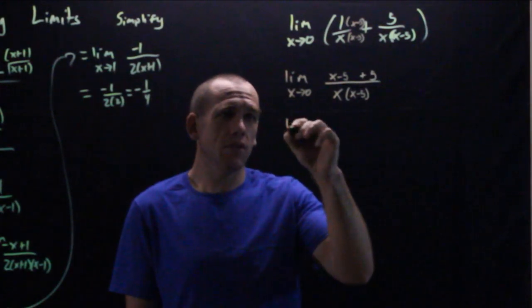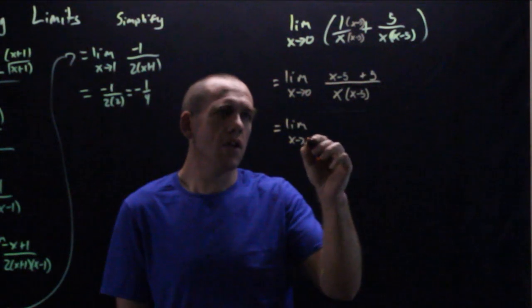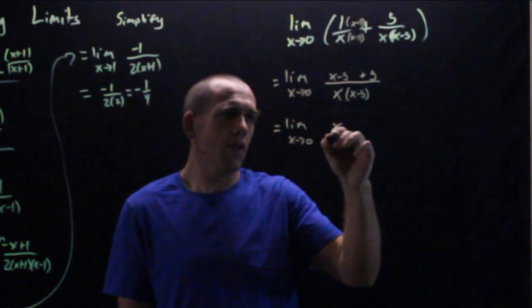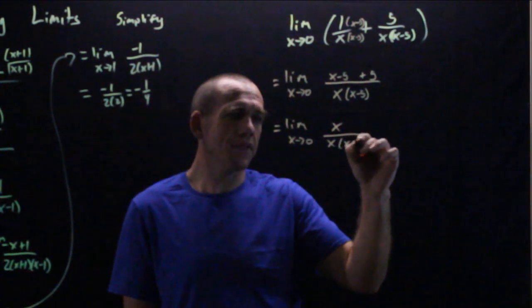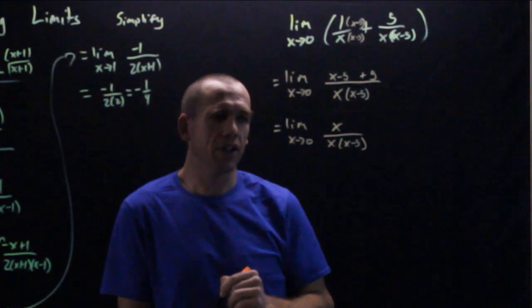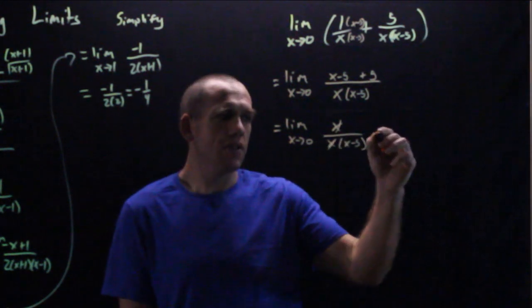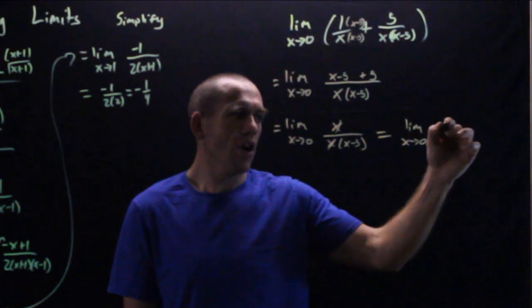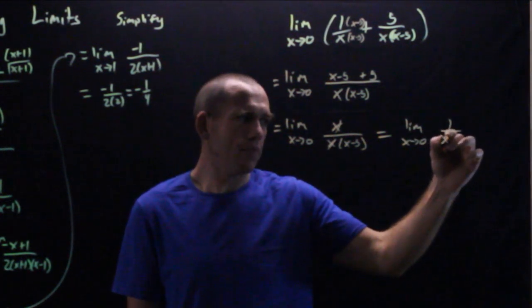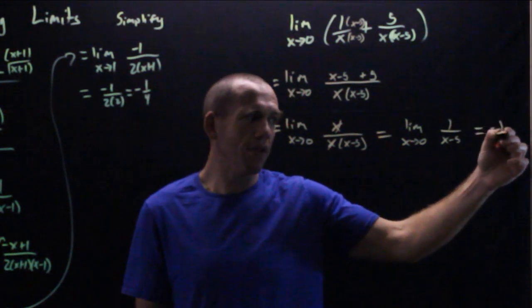And so this is equal to the limit as x goes to 0, equality exists here, of x over x times x minus 5. And it might look like we haven't accomplished a lot, but now I have an x over x. I can cancel those, so this is equal to the limit as x goes to 0 of 1 over x minus 5. Now I can do direct substitution and get negative 1/5.